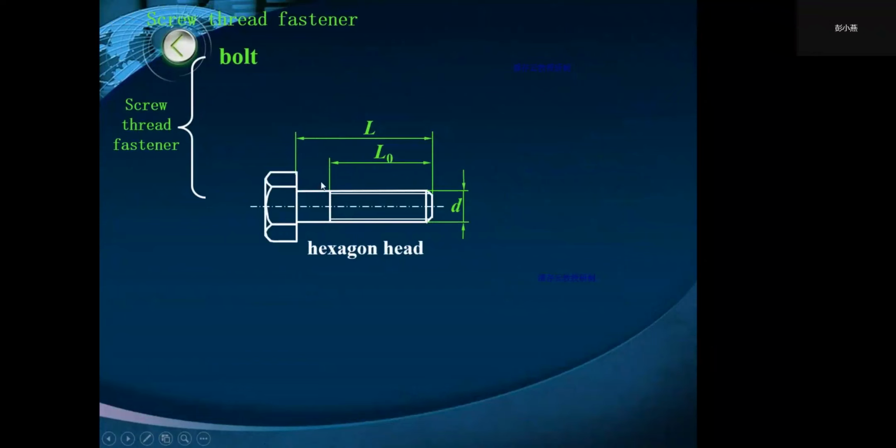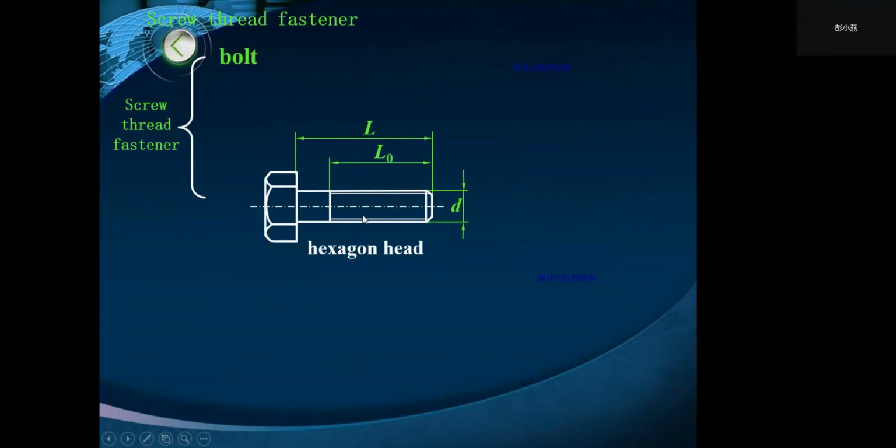This is a bolt. A bolt is a headed and threaded fastener designed to connect two unthreaded components with the help of a nut.